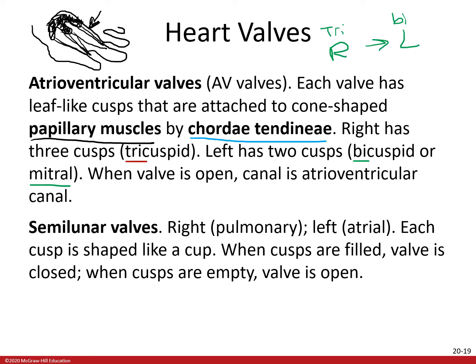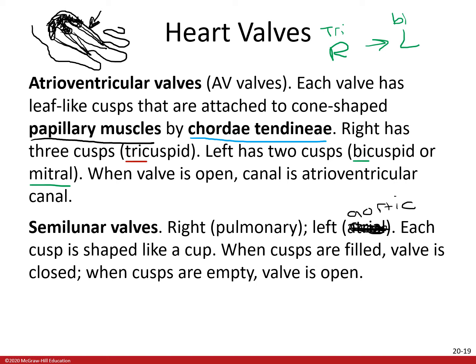The other valves are the semilunar valves, the pulmonary and the atrial or aortic valve. Not sure why it says atrial. I'd call it the aortic. I think that is incorrect there, so ignore that.